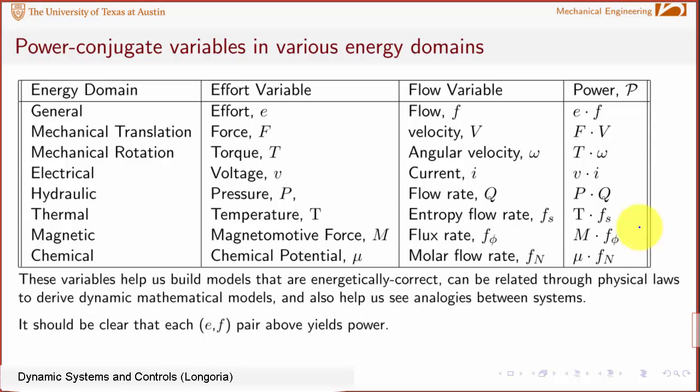Okay, and by always tracking power with these variable pairs, it also is convenient to express relationships for the physical laws. We'll see that later. And also, in some cases, it can help certain analogies. There's a lot of different analogies that we can use between systems, and there's an analogy between the various systems that is sometimes helpful.